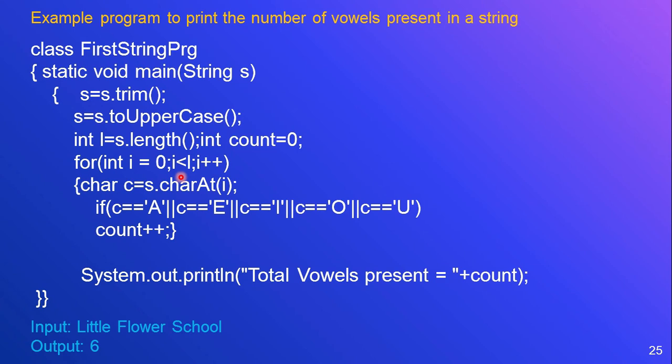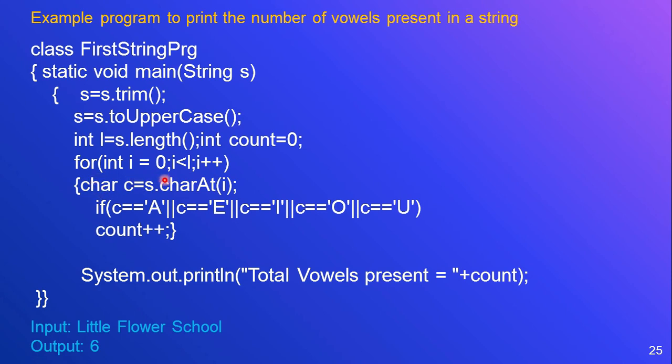That means its index will start from 0 and the last index will be 5. That's why I am running the loop from 0 to less than the length. So it is very clear now: if the length of the string is 10, then its index will start from 0 and the last index will be 9. So the loop will run from 0 to 9.